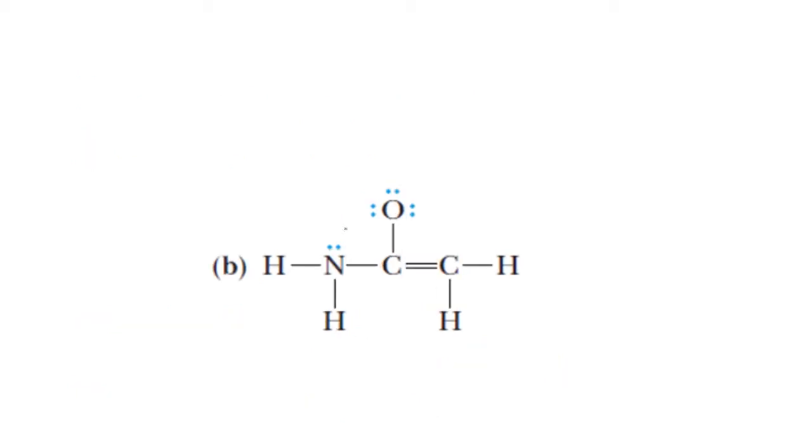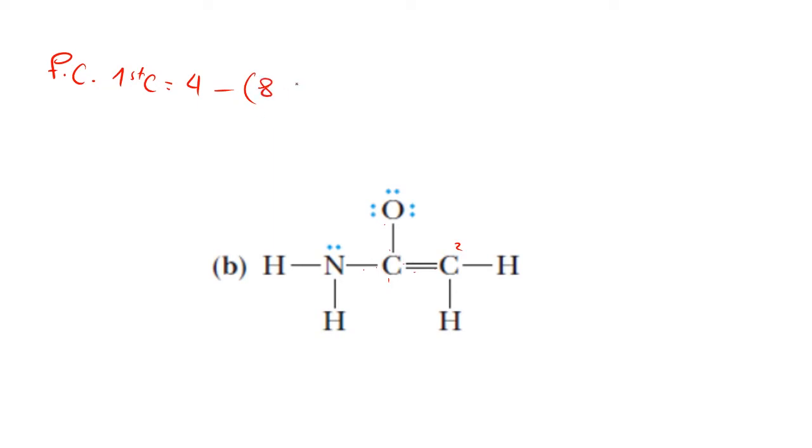Now let's try for this compound. In here I have nitrogen, carbon, and the carbon. If I number my structure from this side, this is the first carbon and this is the second carbon. The formal charge for my first carbon would be equal to the valence electrons of carbon, which is 4, minus the unshared electrons, there are none, plus the shared electrons, 1, 2, 3, 4, 5, 6, 7, 8.